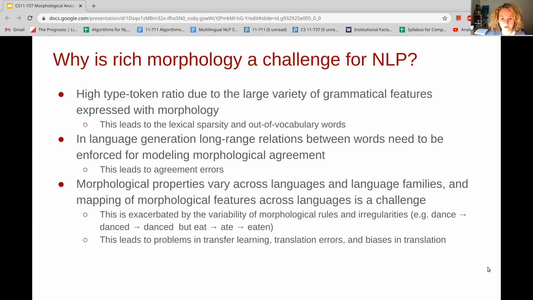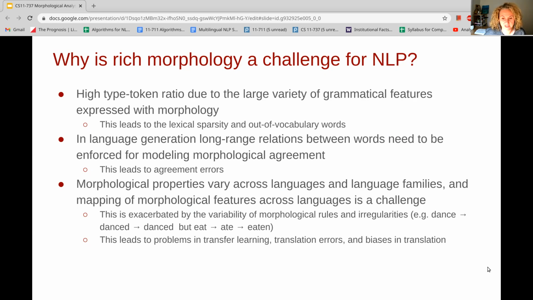So it was shown in previous work that, for example, lower status occupations would be translated with female pronouns, whereas higher status occupations would be translated with male pronouns.